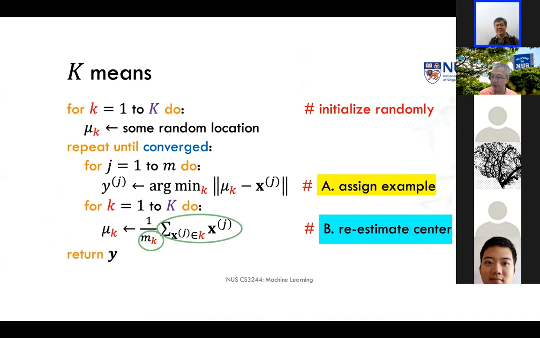So I have a new cluster center, a centroid for that particular cluster. I keep on redoing this calculation over and over again until I've decided that the cluster membership isn't changing, and then I return the set of memberships for all of the points.